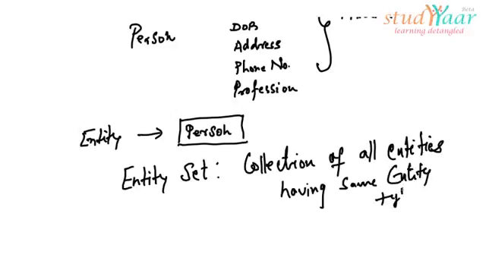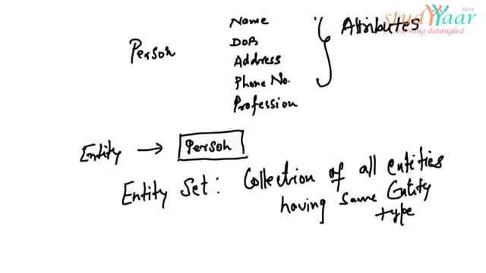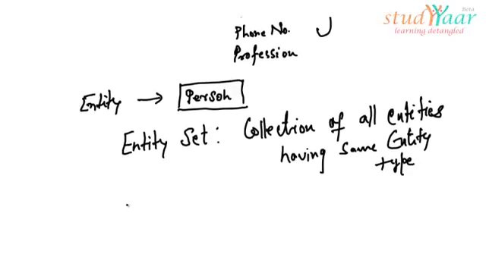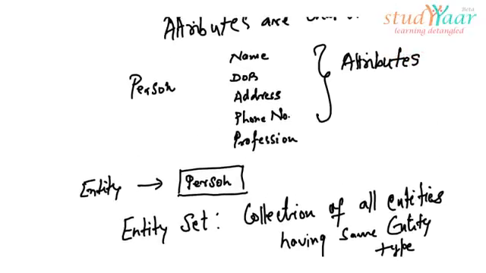So if we are talking about the entity type person, then the entity set of person would be the set of all the persons that have a name, a date of birth, an address, a phone number, and a profession.